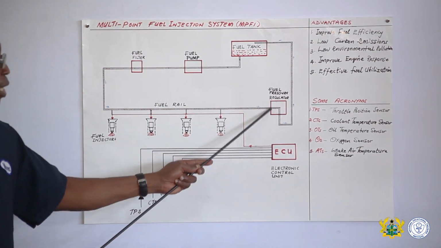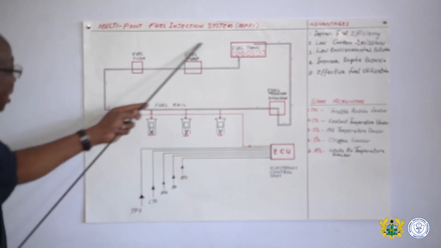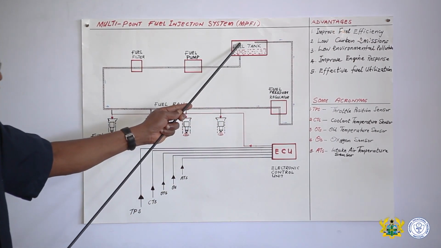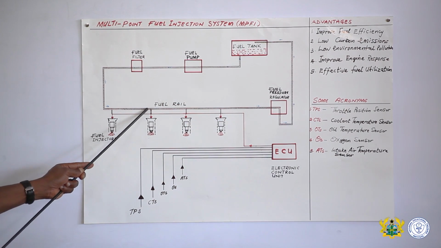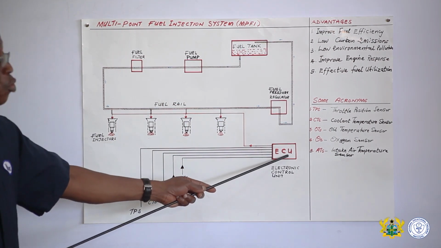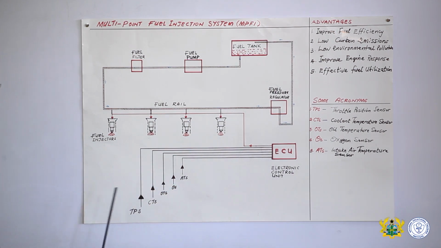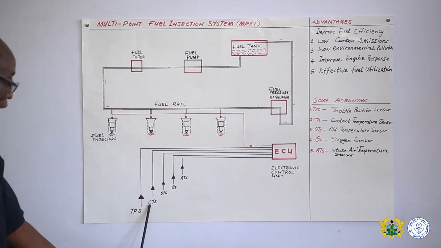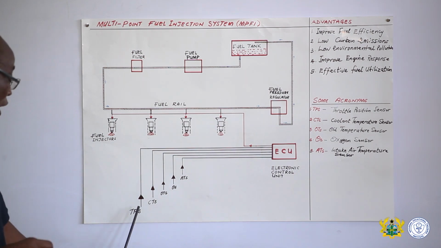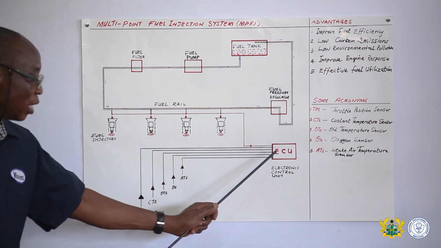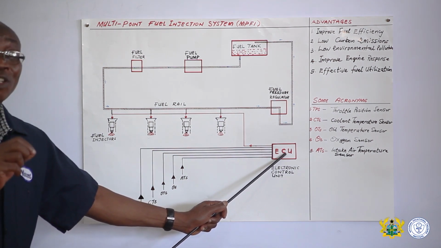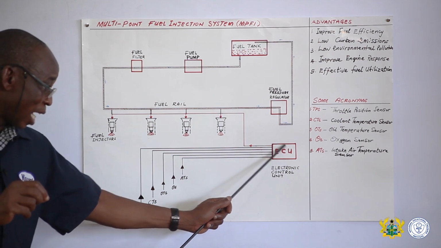This is the pressure regulator. So the system continues in this form. Excess fuel is sent back into the tank, thereby maintaining standard pressure in the system. Anytime the ECU, electronic control unit, receives information from any of these sensors, and these sensors are called input sensors, they sense the vehicle condition and therefore inform the ECU in an electrical manner with electrical signals.